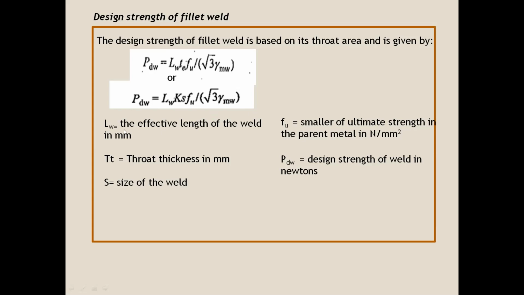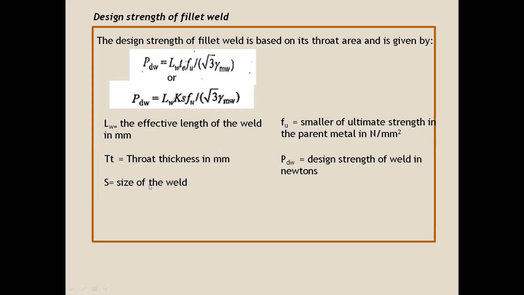Lw is the effective length of the weld in mm. fu equal to smaller of ultimate strength of parent metal in Newton per square mm, and tt is the throat thickness in mm. Pdw is design strength of weld in newtons, and S equal to size of weld.